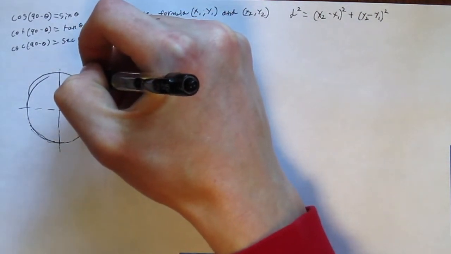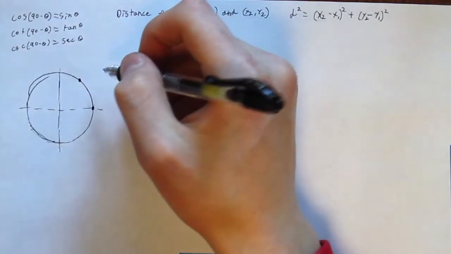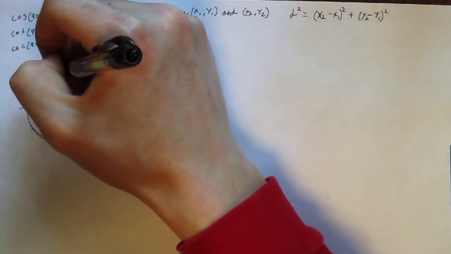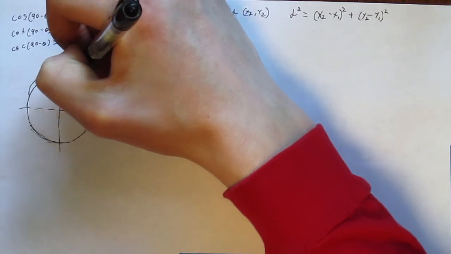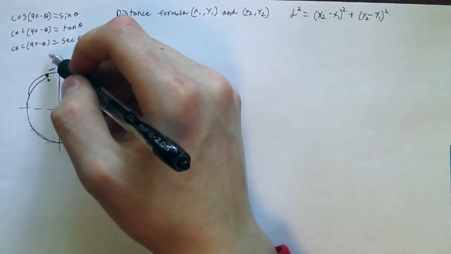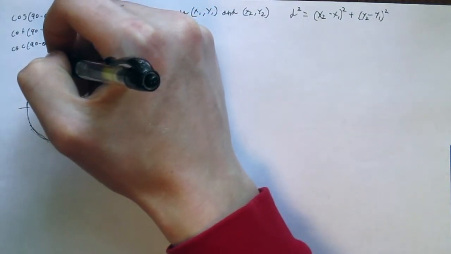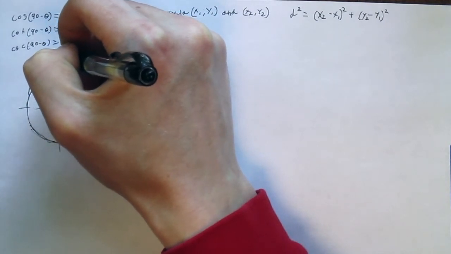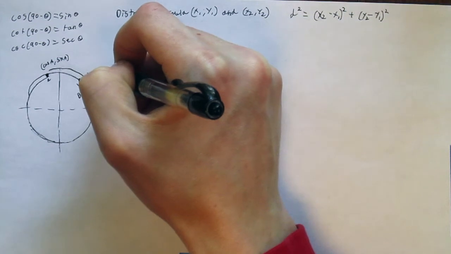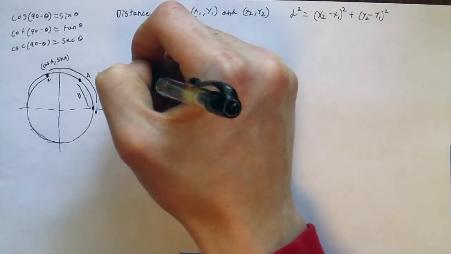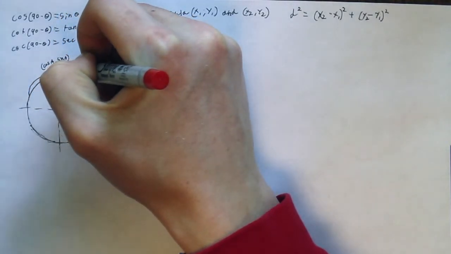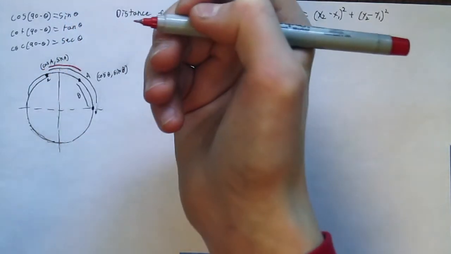The first arc goes from the x-axis intersecting the circle to point B, and this is arc B. The second arc goes to point A, and this is arc A. And so the coordinates of point A are cosine of A, comma sine of A, and the point B is cosine of B, comma sine of B. And so now the arc defined by the subtraction of those two arcs is this arc right here. We're going to call this arc A minus B.